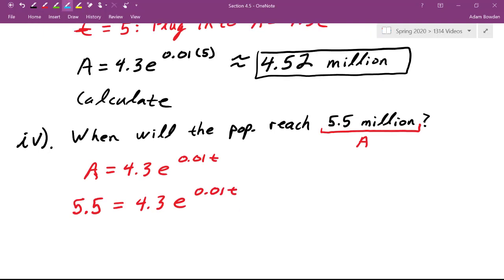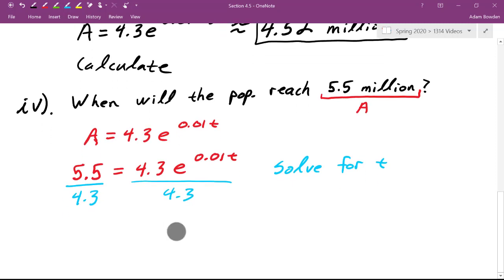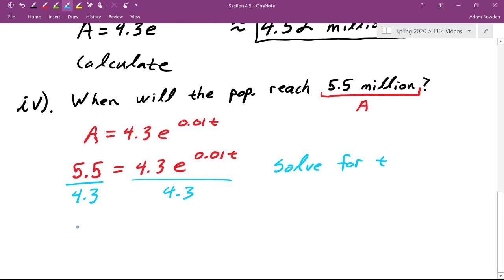Okay, and so now in a case like this, we have to solve for t. To solve for t, we need to first move the number that's in front of e away from it. So I'm going to divide both sides by 4.3. If I do the division here, I'll get 1.279. That's approximately what 5.5 divided by 4.3 is. And that's equal to e to the 0.01 t.